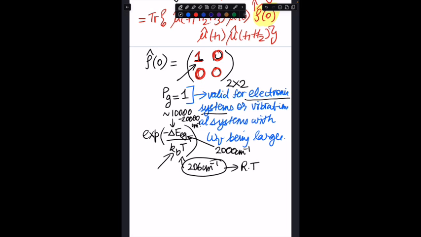Let's just say you're running your experiment at 100 Kelvin. Okay, not hypothetical. Hypothetical would be 0 Kelvin. Let's just say you're running it at 100 Kelvin. So this factor would also be much smaller, and then in that sort of scenario, you could probably ignore the excited state populations. But this approximation is mainly valid for electronic spectroscopy.